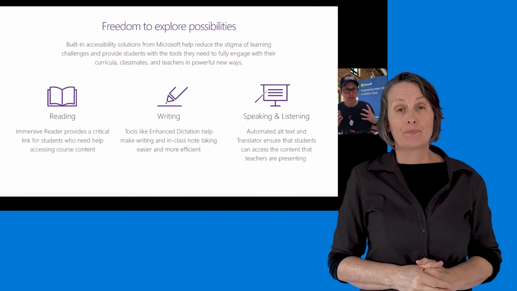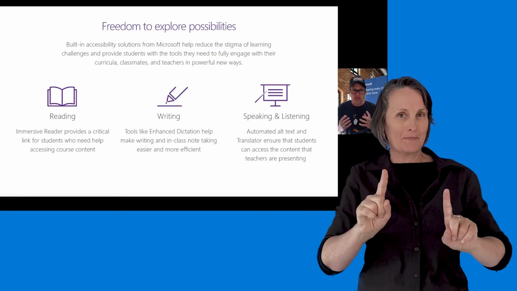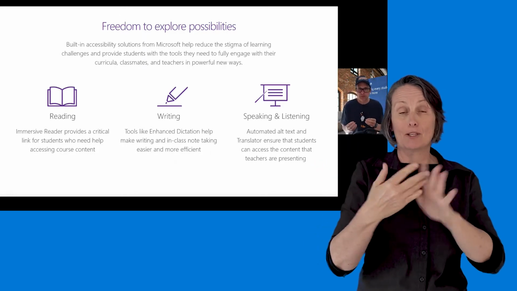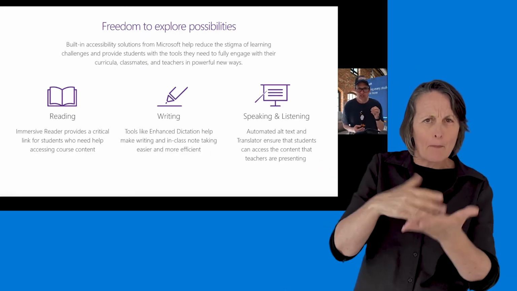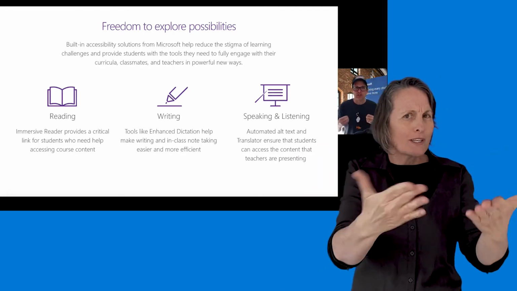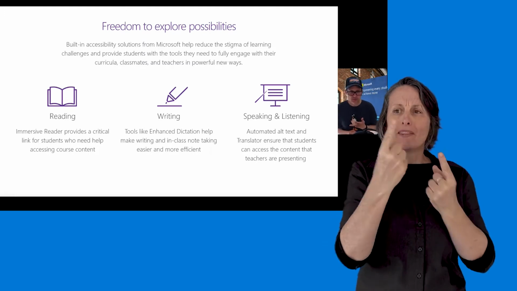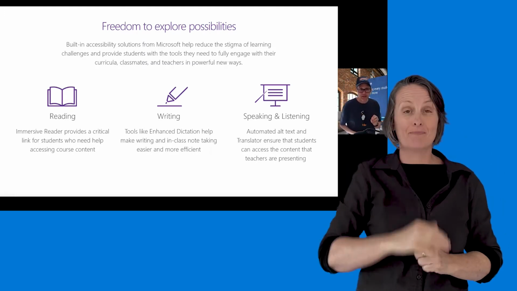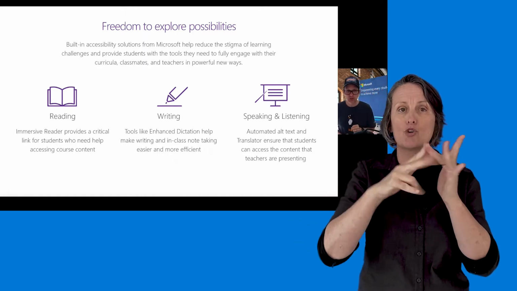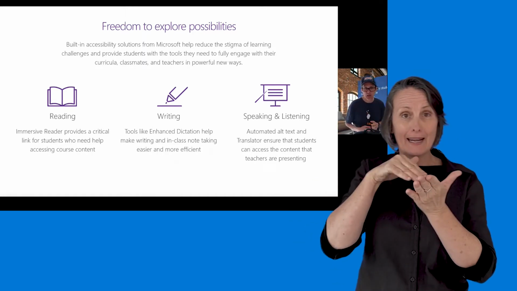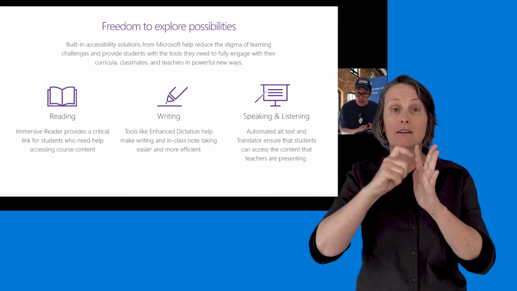So some of the things that we have explored in this series: the Microsoft accessibility solutions are built in, and we want to help reduce the stigma of learning, and provide students with the tools they need to fully engage their curriculum, each other, and also their teachers. So we've looked at reading, and we saw that Immersive Reader provided a critical link for students who need help to access course content. We looked at writing, things like dictation combined with Immersive Reader.